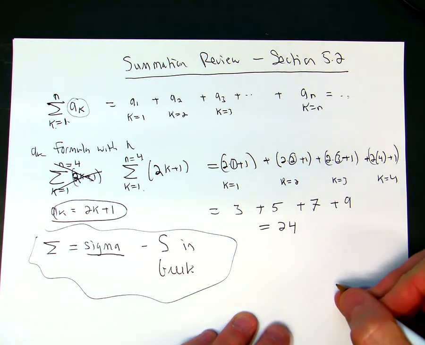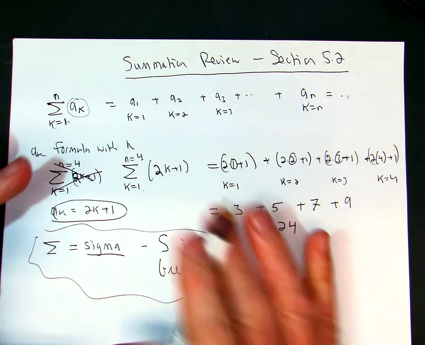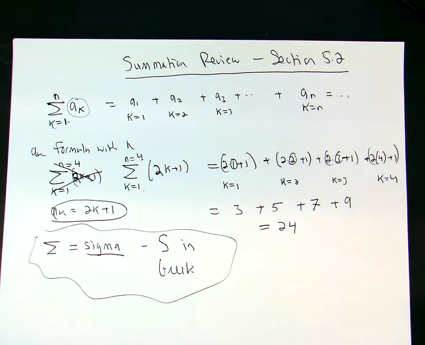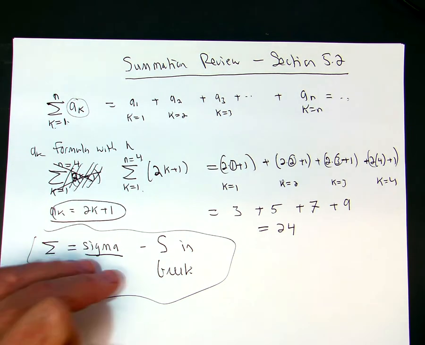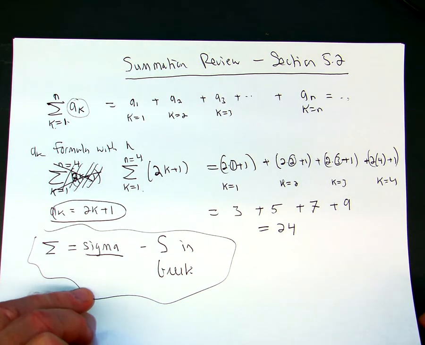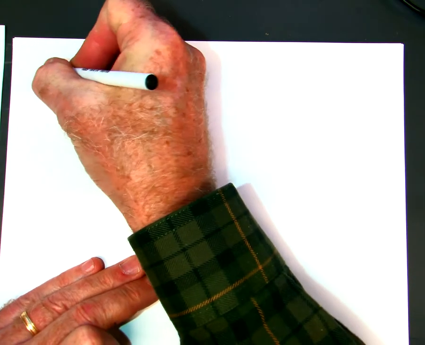Okay. So one way to do these is just to add them up by hand, use a calculator, which we'll talk about later on in the course, how to do that. And there's some formulas. So what I'm going to do is I'm going to give you a question right here.